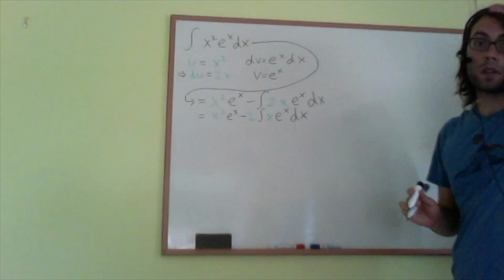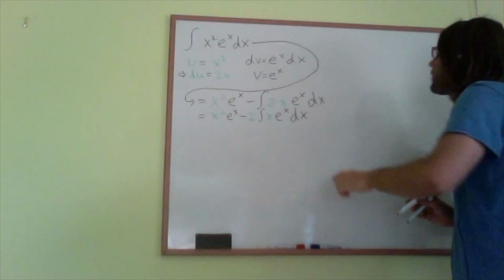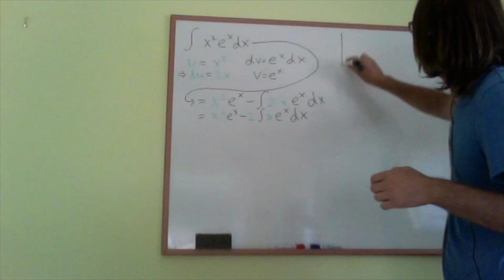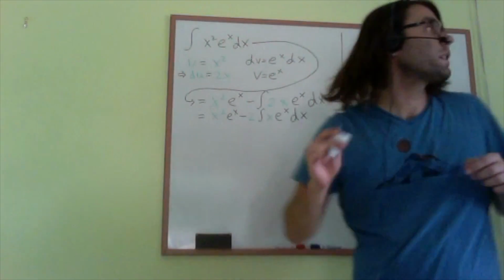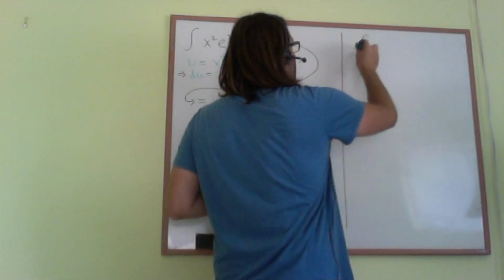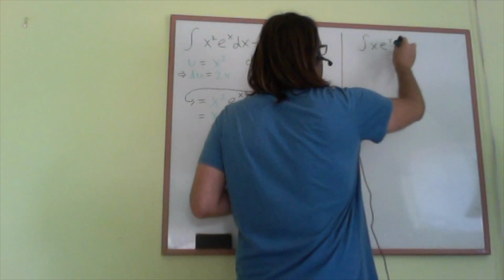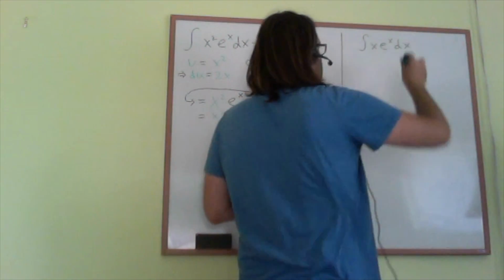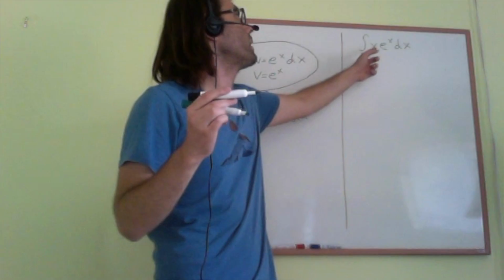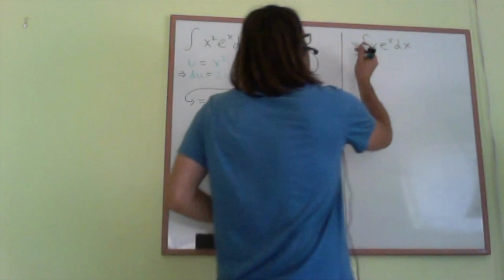Okay, now we're going to have to use integration by parts on this fellow. Let's just go ahead and do that over here. So we have the integral of x e to the x dx. Now because x becomes simpler when you differentiate, that's going to be our u.